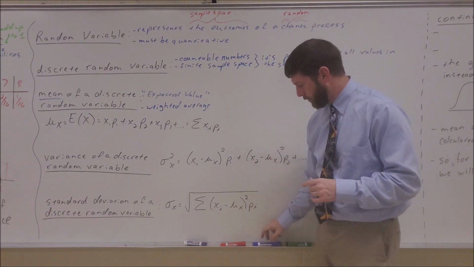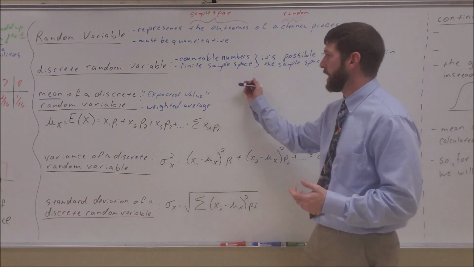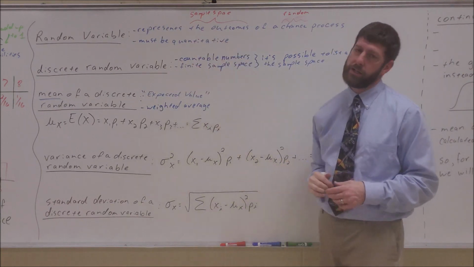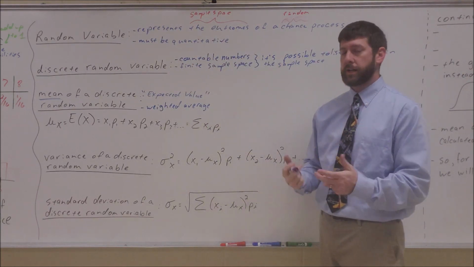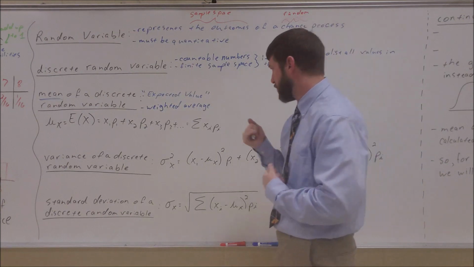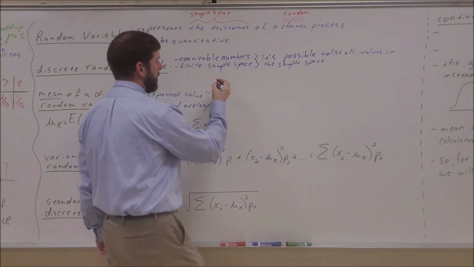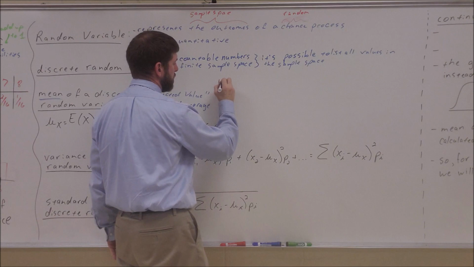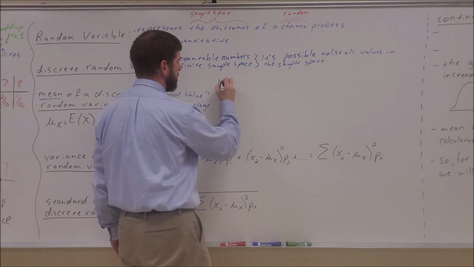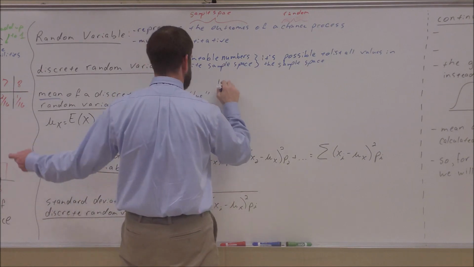So let's go through and calculate the mean of that distribution. If we were doing it like a true weighted average, I just add them all up. All right, so 2 occurred once.